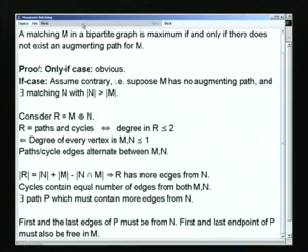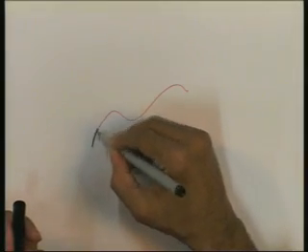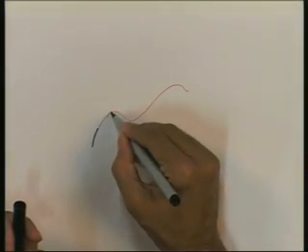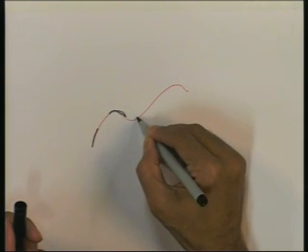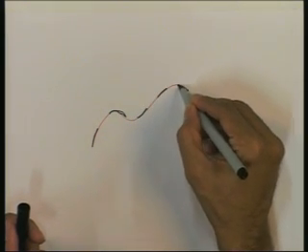Well, let's draw a picture over here. So here is this path. It contains more edges from N. Let's say the N edges are in black. Clearly the first edge has to be from N, then from M, then from N, then from M, and finally the last edge has to be from N.